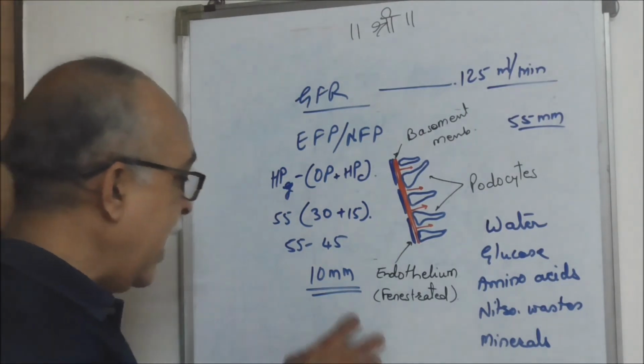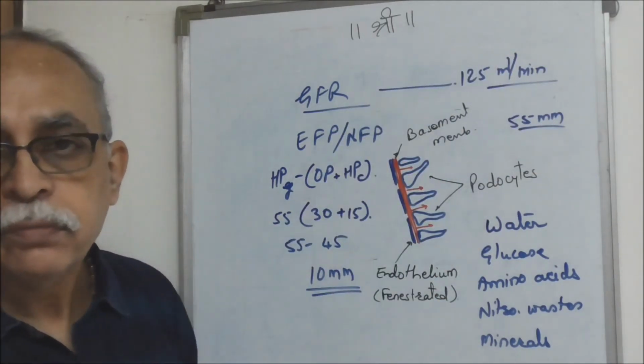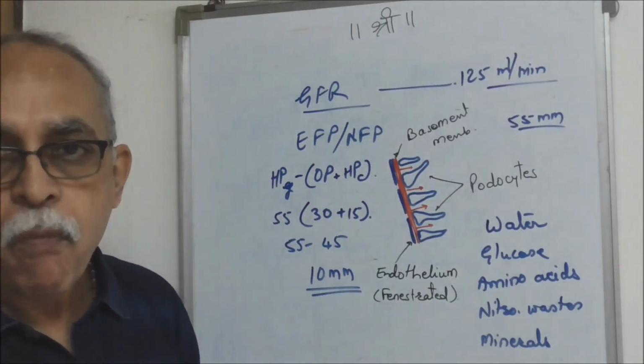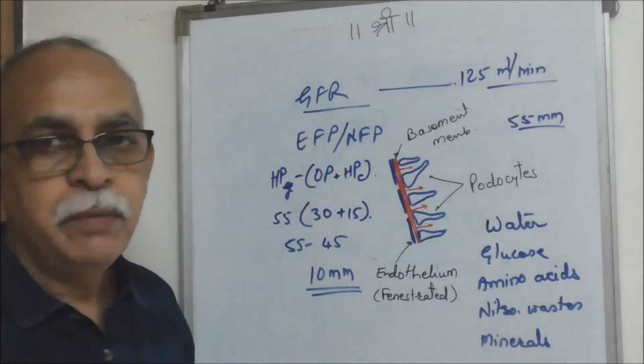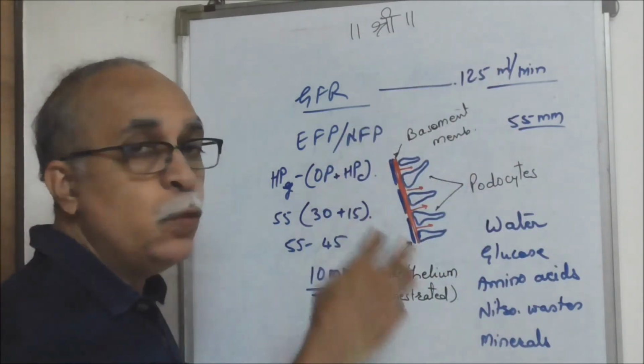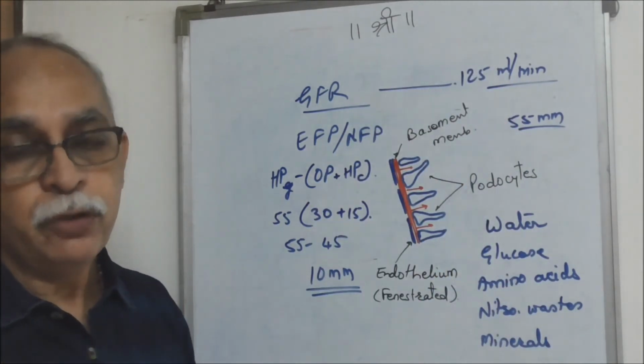Just try and understand, at this pressure, so much fluid is filtered out. Just at 10 millimeters of mercury, almost 1/5 of the plasma is filtered out. That is quite an effective process.